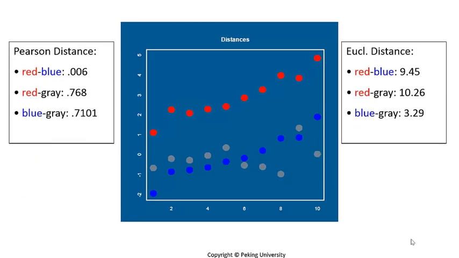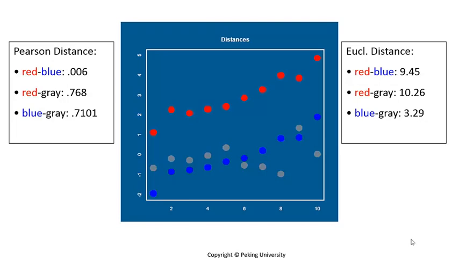Different distance measures can lead to results that might differ a lot. For example, when we use the correlation distance, i.e., focusing on the expression pattern, it is the blue point and the red point that are closest in the figure, because their ways of fluctuation are basically consistent, while the distance between the blue point and the gray point is relatively far.